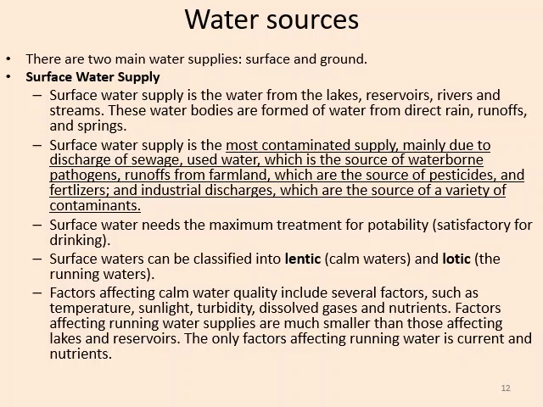Also, it is a source of pesticides and fertilizers, industrial discharges, which are also the source of variety of contaminants or pollutants. So surface water needs the maximum treatment for potability. For potability means for satisfactory level of drinking water.